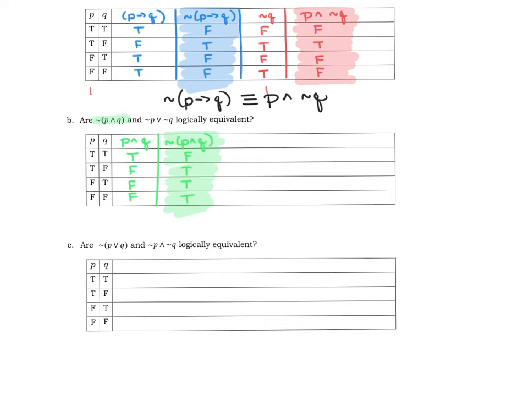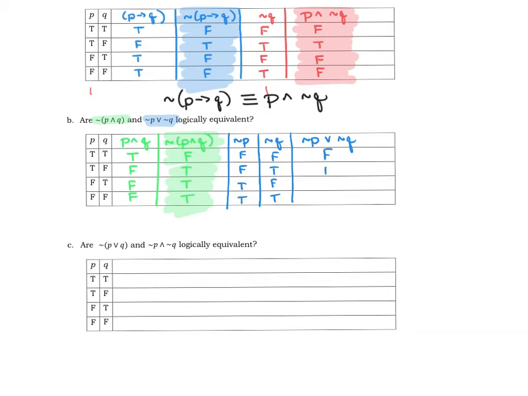Now I'm going to go ahead and switch to the not P or not Q. So not P would be false, false, true, true. Not Q, false, true, false, true. And then we want not P or not Q. And again, I just need one or the other of my not P and not Q columns to be true in order for the or to be true.